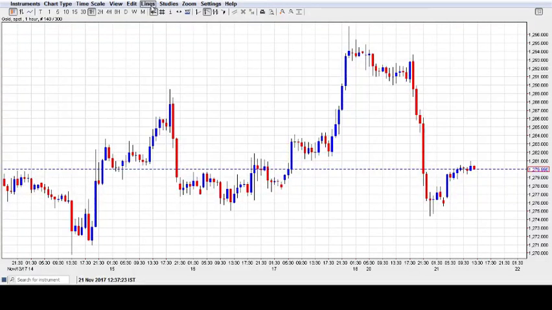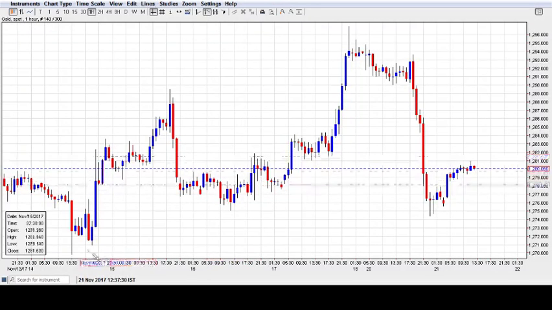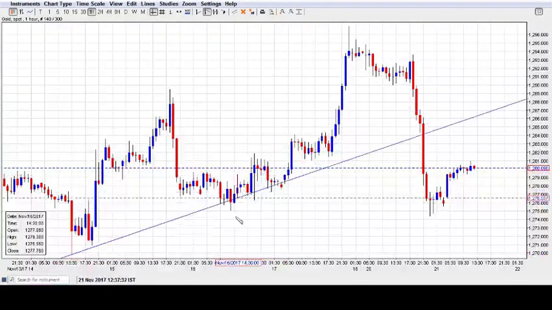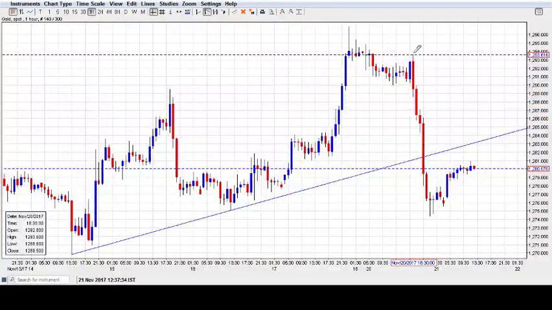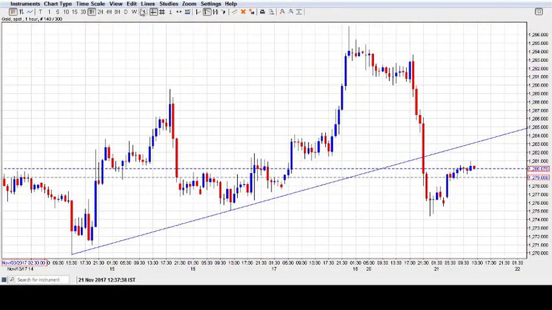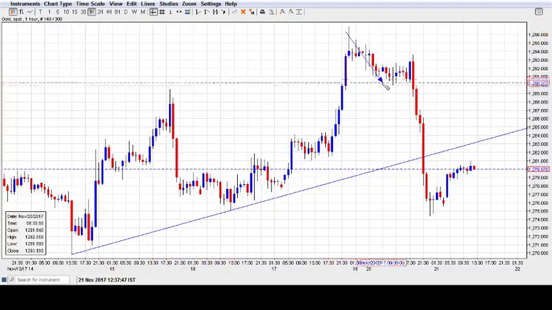If you were there with me yesterday, we were somewhere around 1292, I remember, and prices were estimated to drop lower, which has turned out well.